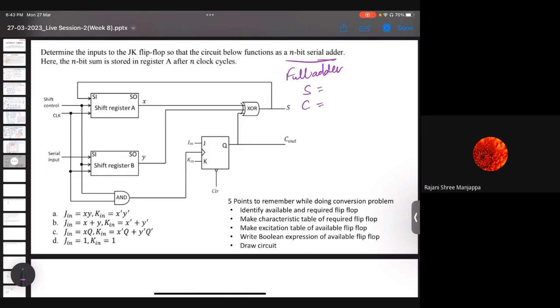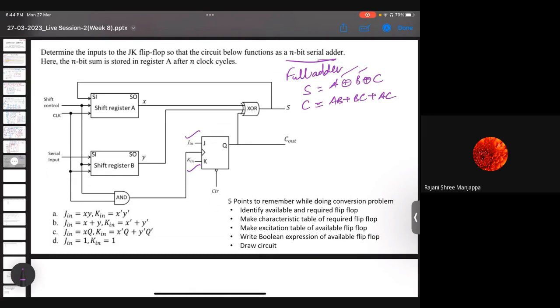A full adder has three things: two inputs and one carry. The sum expression is A XOR B XOR C, where A and B are the inputs and C is the carry. And the carry expression, if I'm not wrong, is AB plus BC plus AC. Now the question says that we need to determine the inputs of the J and K flip-flop such that this circuit acts as an n-bit serial adder.